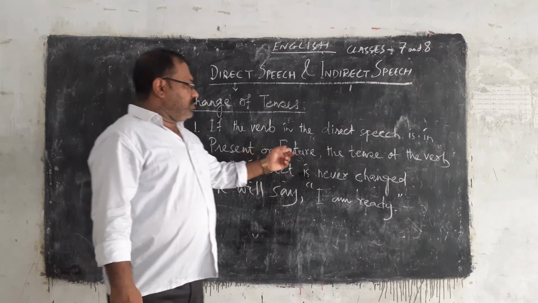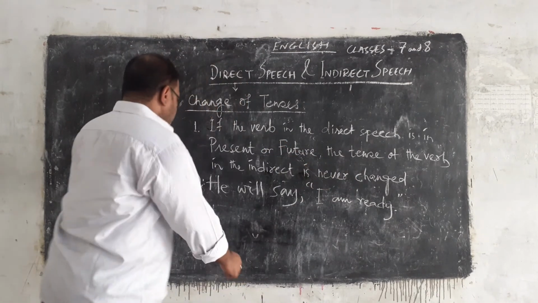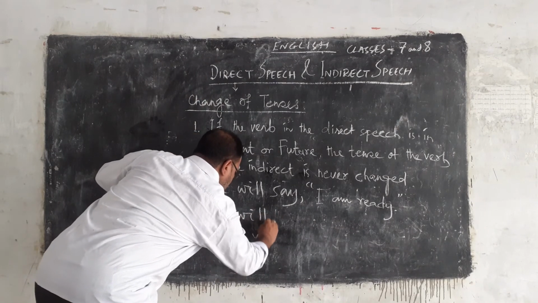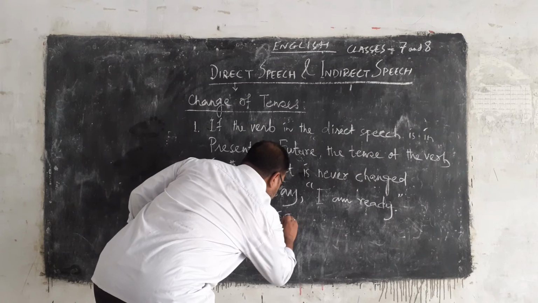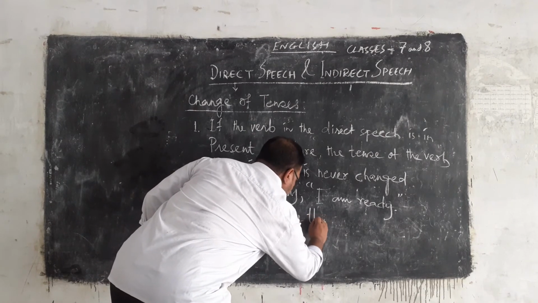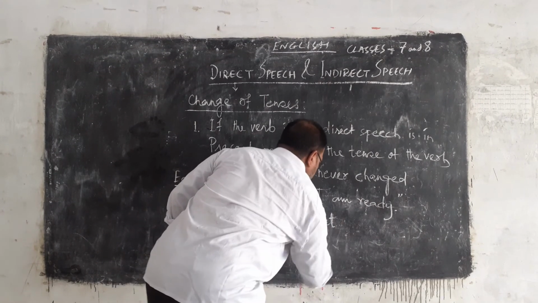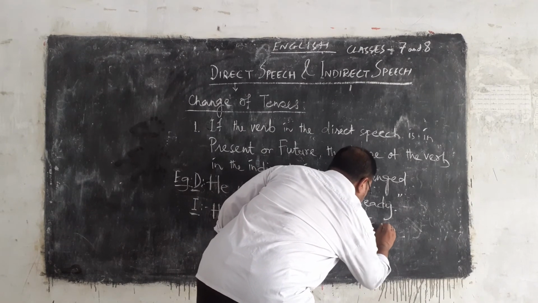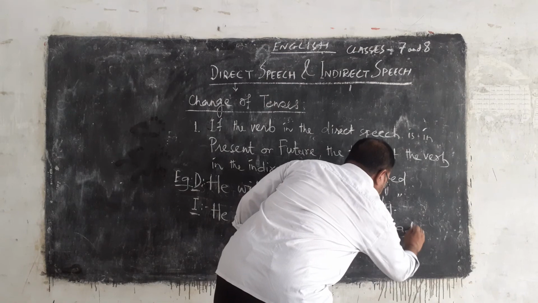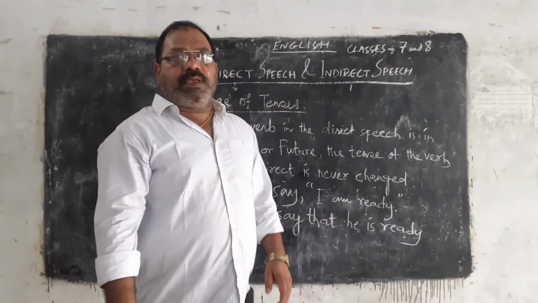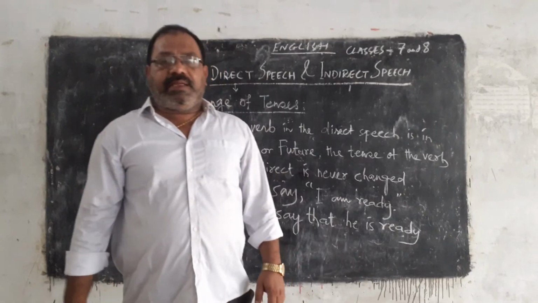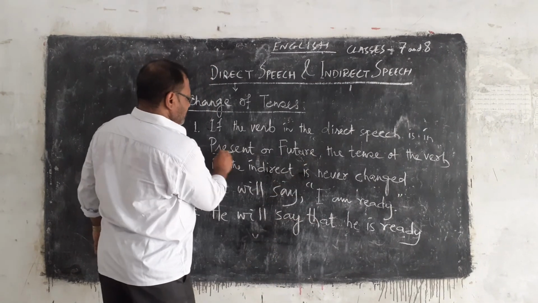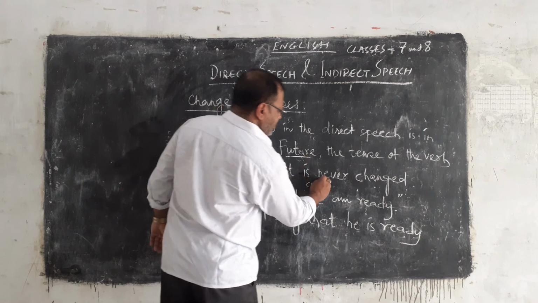So, the rule is telling me not to change at all. So in indirect speech, he will say that he is ready. You should not change that. If it is in the present or the future tense, it never changes.